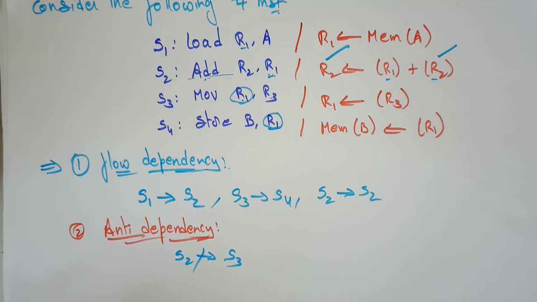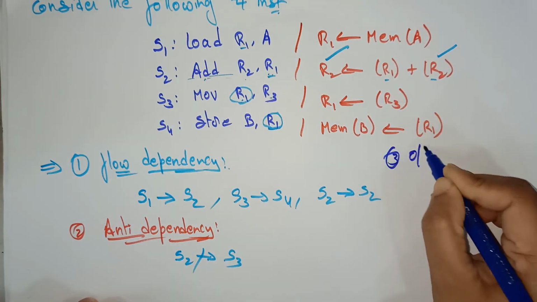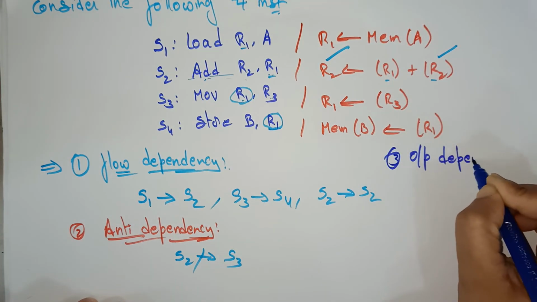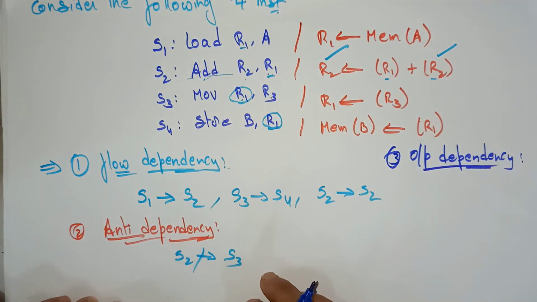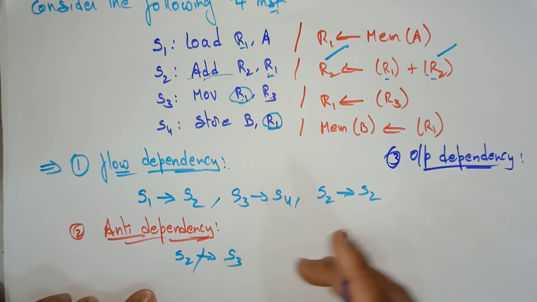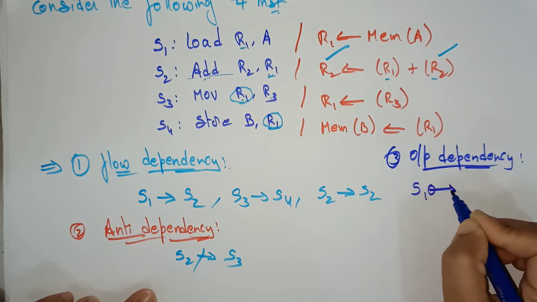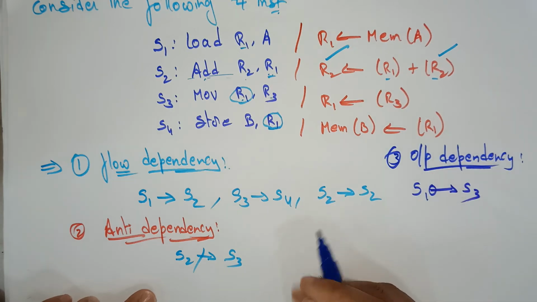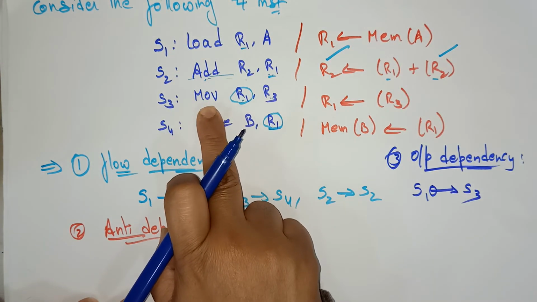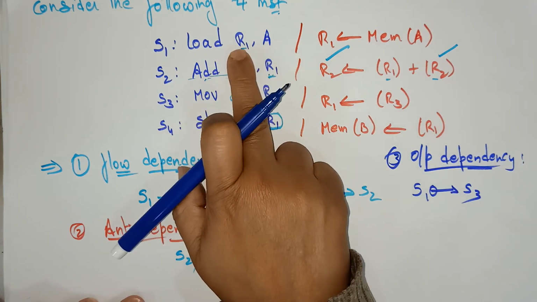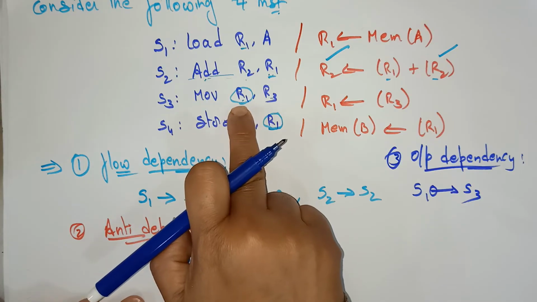Now let's check the next dependency. The next dependency is output dependency. In these instructions, I think S1 is output dependent on S3, because the content of A will be loaded to the R1 register and the content of R3 is also loaded to the R1 register.